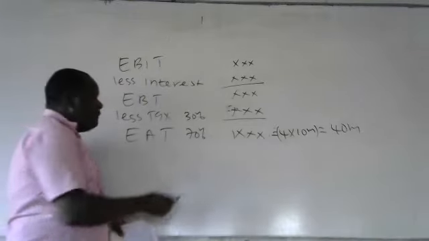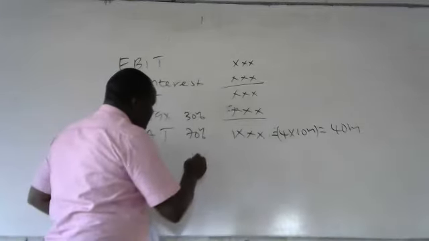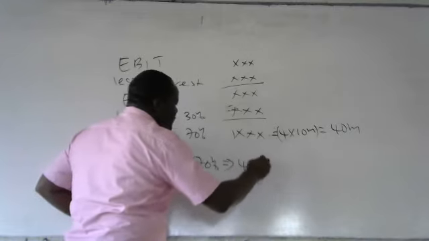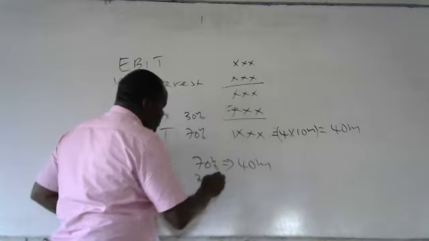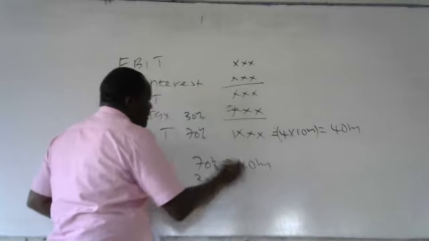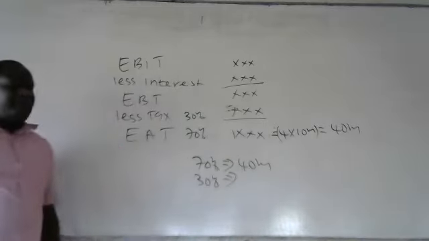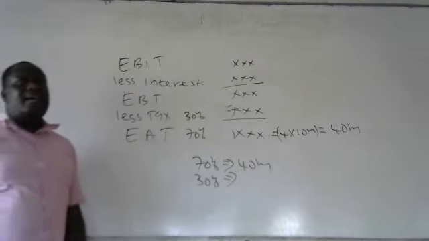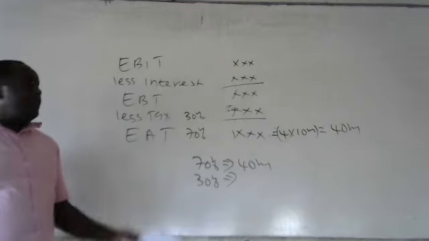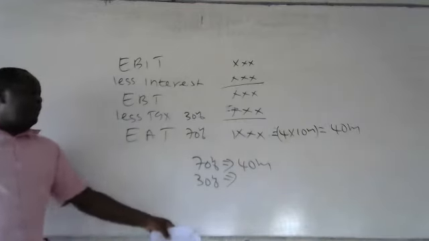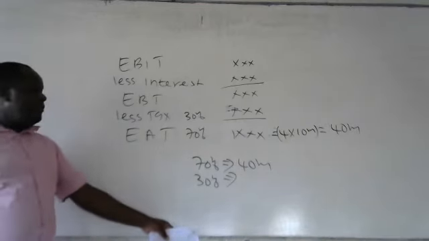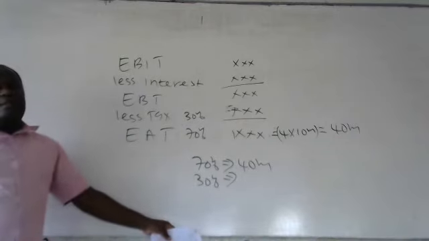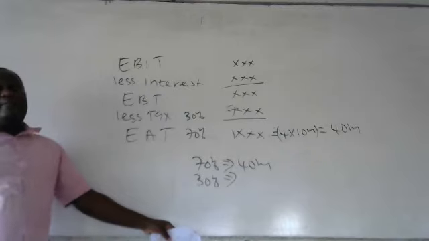If 70% is 40 million, how about 30%? It should give us which figure? We cross multiply so that we get the tax. So when you cross multiply, 40 million multiplied by 30% divided by 70%, how much does it come to?